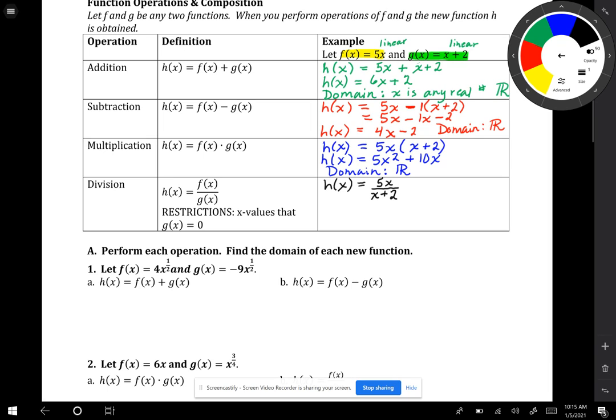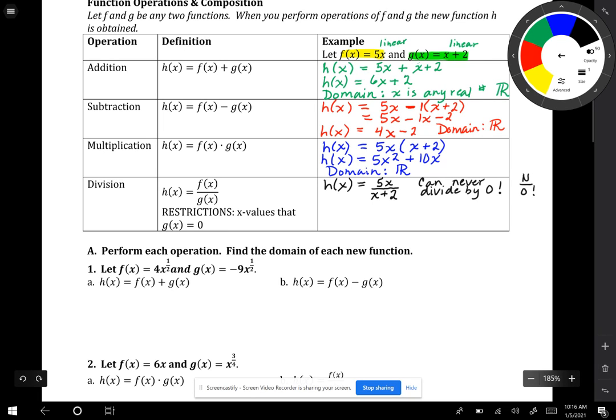You can't cancel out the x's or anything. So that is your simplified answer. However, now we have to list the restrictions. Remember, you cannot divide by 0. Can never divide by 0. Ever, because this is not allowed.